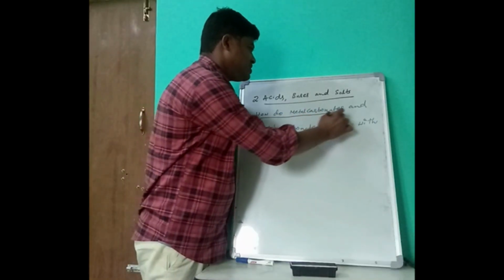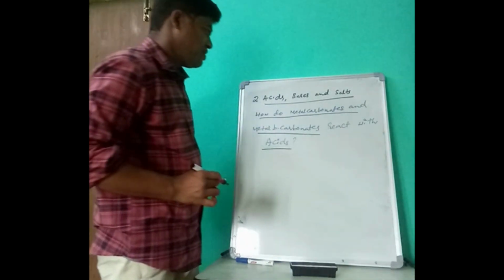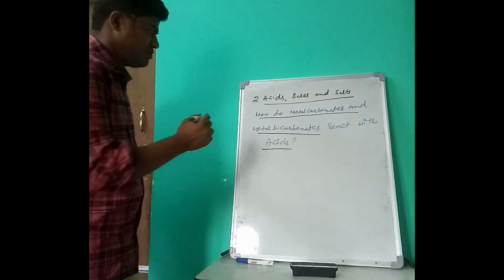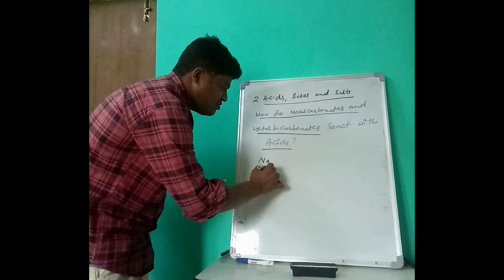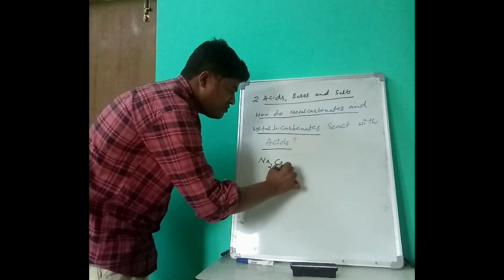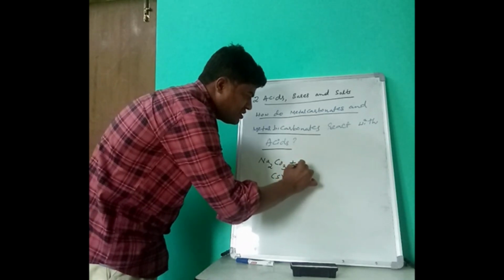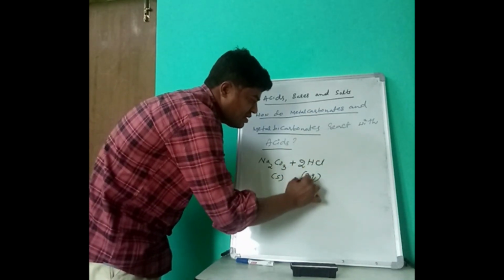Metal carbonates and metal bicarbonates react with acids. This topic is dealt with in some examples in our textbook. Metal carbonate is discussed by taking sodium carbonate in solid state reacting with HCl, hydrochloric acid, which is aqueous.